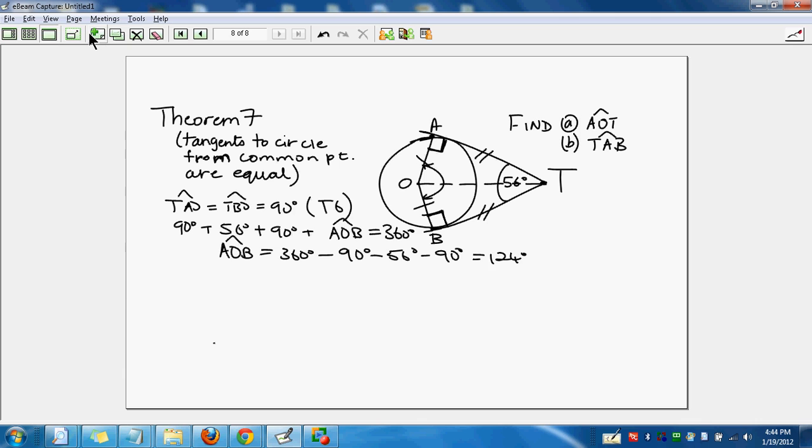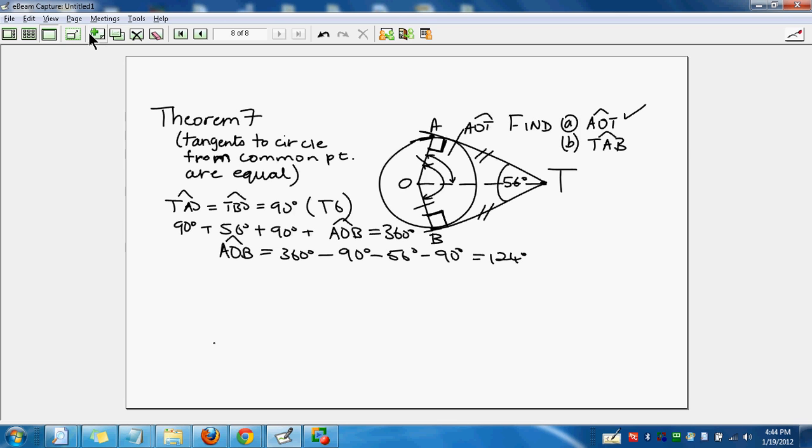However, we don't want this whole angle here. We want the angle AOT. Right now we have AOB, but we want to get AOT. So to get AOT, which will be this part of that angle, you'll have to know the property that this diagonal OT bisects the angle AOB in any kite, right?